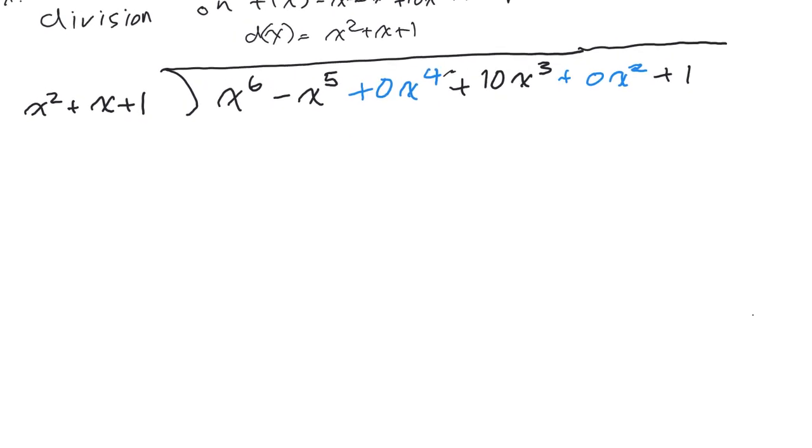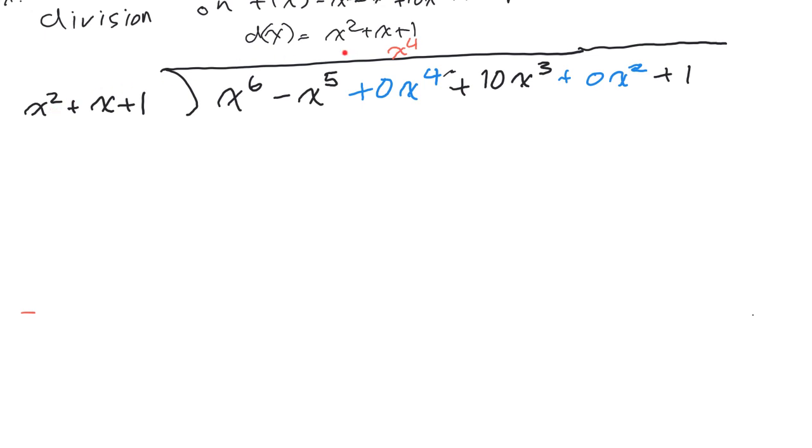Because there are 3 terms here, the thing we're going to multiply this whole divisor by is not a number, but x to the 4. So we're going to use x to the 4, and multiply it by everything here.